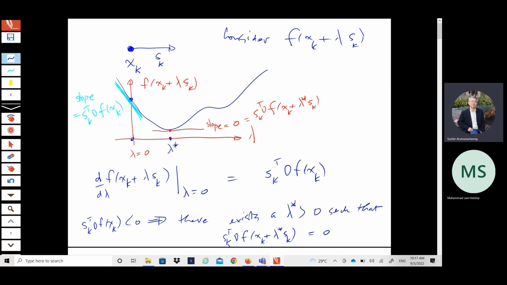So you see what happens when we know that the directional derivative of the function f at the point x_k is negative. Then when we do the line search, we know that the lambda we are looking for is positive. Then we search only half of the real line instead of the whole real line, which is much easier.